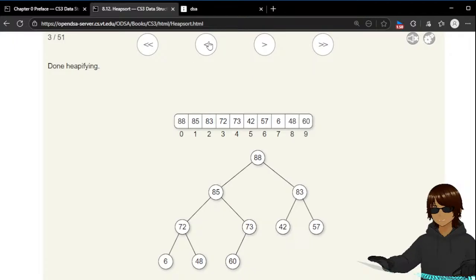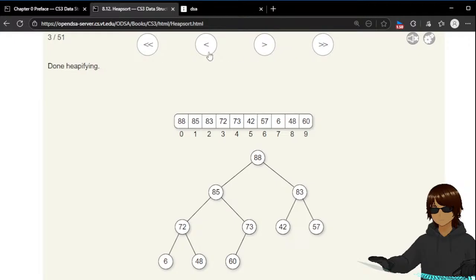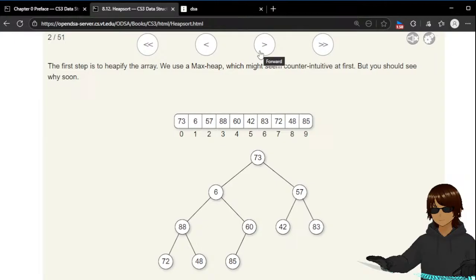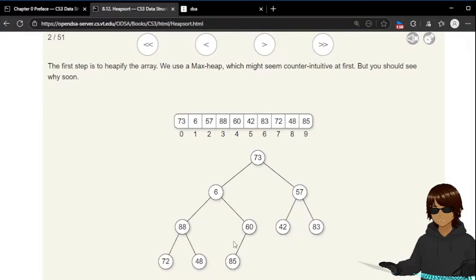Wait. 73. 85, 60, 85 goes up. 85 swaps with 60. 85 over here. 48 stays there. 72 stays there. 88.